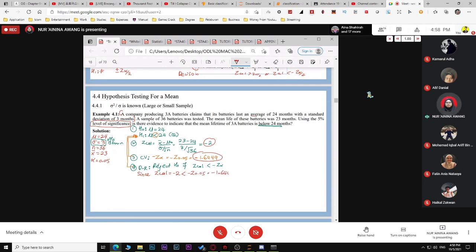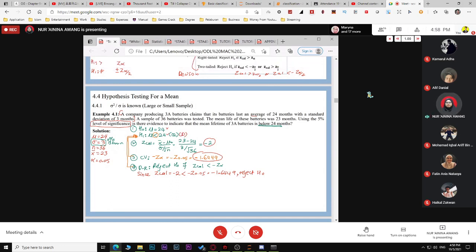So we reject or fail to reject our H null? Reject ke fail to reject? Since kita kata we only reject our H null if Z calculated is less than negative Z critical value. Reject. So we reject our H null. So bila kita reject our H null, so kita mengatakan memang below 24. So this is our decision.